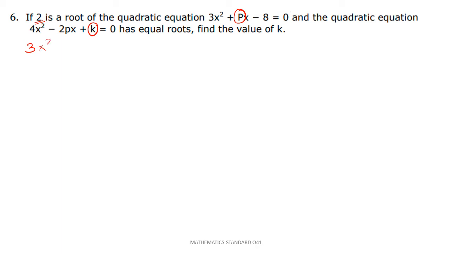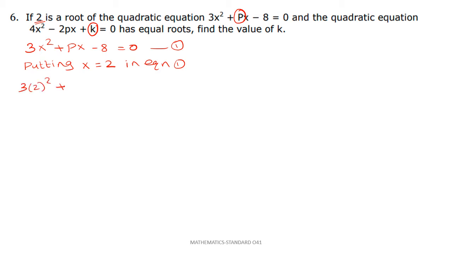So now let's see how to solve this problem. So take the given equation, 3x squared plus px minus 8 equal to 0. Now substitute x equal to 2 in the given equation. Let me name it as equation 1. So 3 times 2 squared plus p into 2 minus 8 equal to 0.